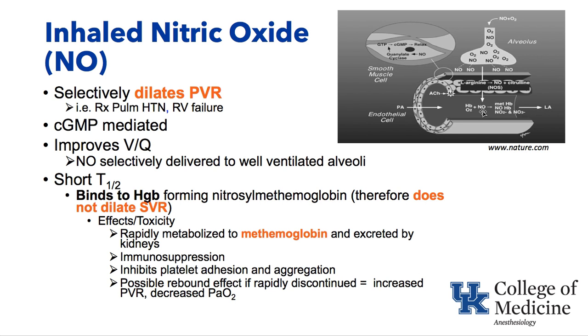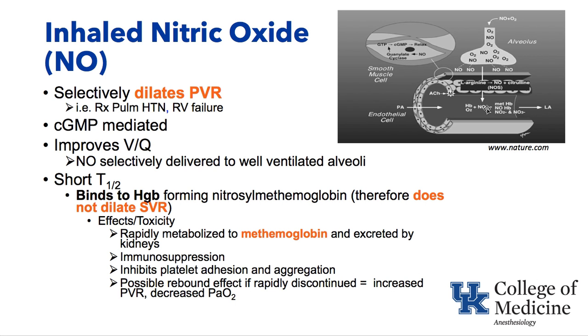So methemoglobin is a problem potentially with chronic use of nitric oxide, but there's a lot of hemoglobin around that nitric oxide can bind to, and by the time it gets through the pulmonary vasculature into the left atrium, through the left ventricle and out in the aorta, it is not active. It's bound to hemoglobin. So free nitric oxide vasodilates, nitric oxide bound to hemoglobin doesn't vasodilate, therefore the effect of inhaled nitric oxide is limited to the pulmonary vasculature.